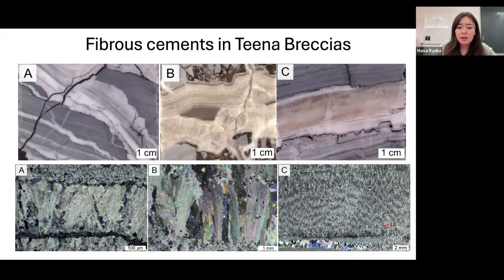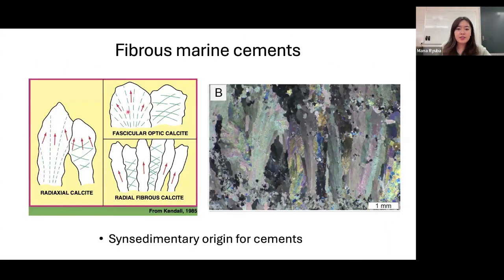These cements are indicative of a marine environment, and that's because these fibrous cements form as a result of rapid precipitation of calcite from seawater. And we know that these are sedimentary features because these fibrous cements tend to be overlain with sediment.